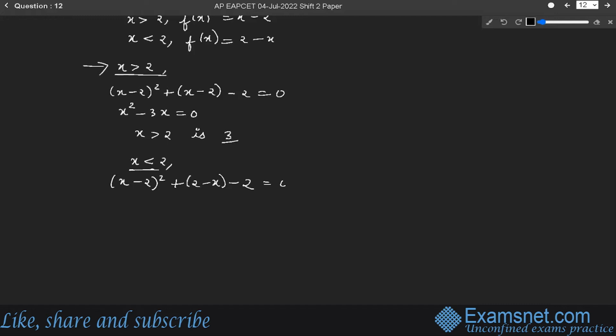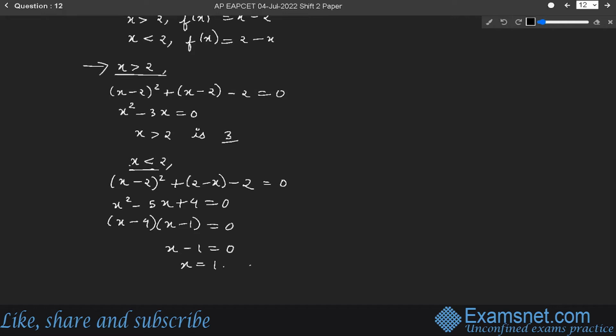On further solving, it will be x square minus 5x plus 4 is equal to 0. On finding the factors by splitting the middle term method, the factors are x minus 4 into x minus 1 is equal to 0. Now, the root which is less than 2 is 1 here. So we will take x minus 1 is equal to 0, so x will be equal to 1 because we know that x is less than 2.